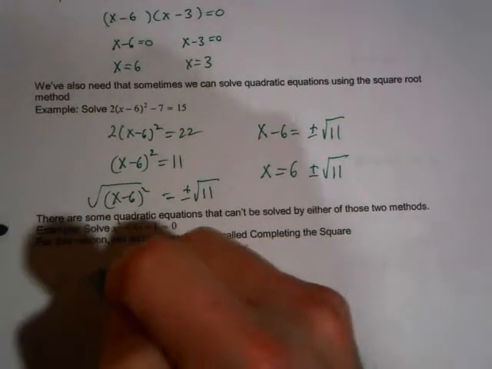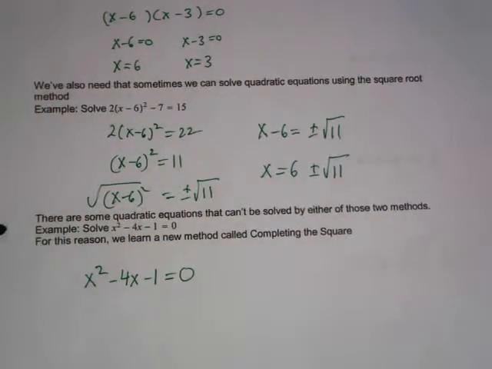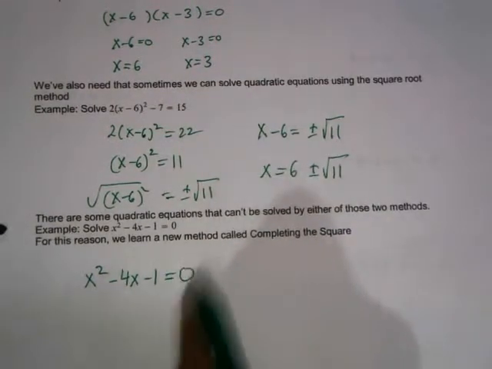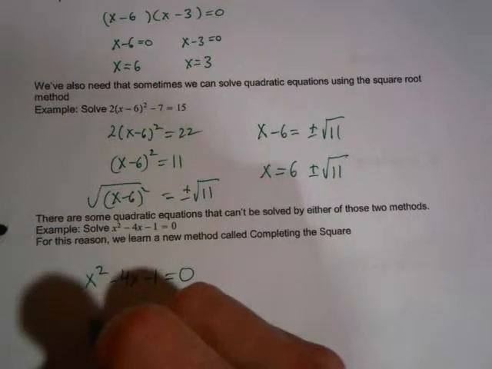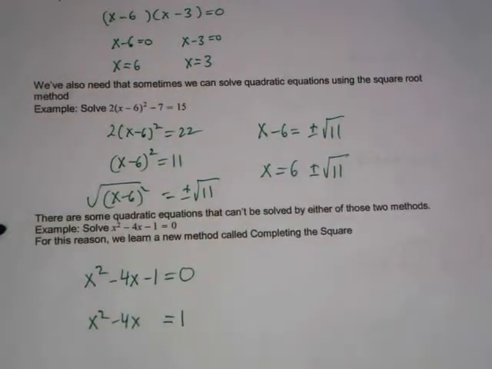Here's how this works. X squared minus 4x minus 1 equals 0. The first thing we do, since it doesn't factor, we add the 1 to the other side. If it did factor, we want to have 0 over here. This one doesn't, so we add the 1 over. And this is the completing the square step right here.